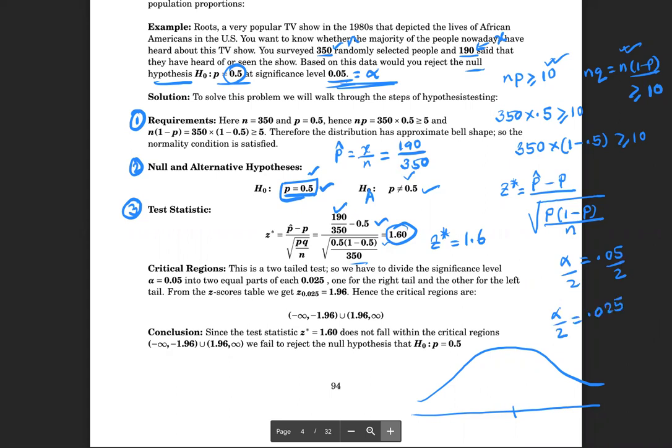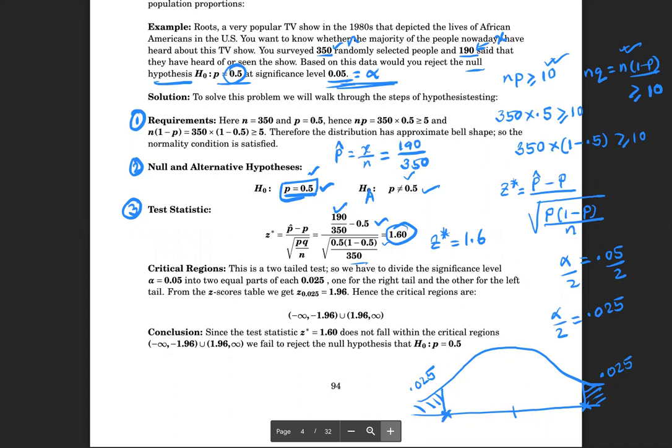Okay, so your right tail is going to be 0.025. Your left tail is going to be 0.025. Now, associated with an area of 0.025, you can look it up in the standard normal distribution table.